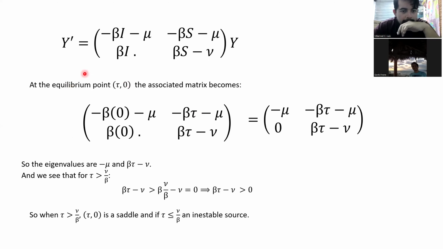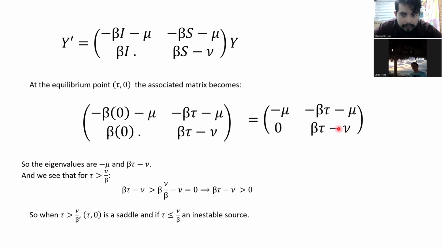So in the first equilibrium point, if we replace s as tau and I as 0, we are going to have minus beta times 0 minus mu, minus beta tau, minus mu beta times 0, beta tau minus b. This is equal to minus mu, minus beta tau, minus mu, 0, beta tau minus b.